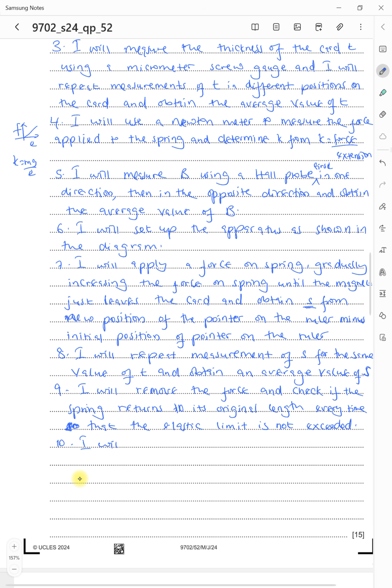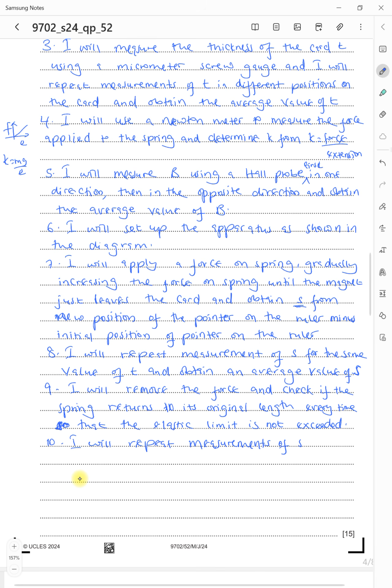So I will repeat measurements of S for different values of T until I have 6 sets of values.